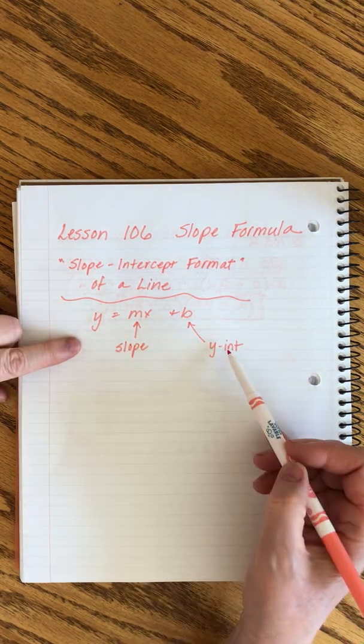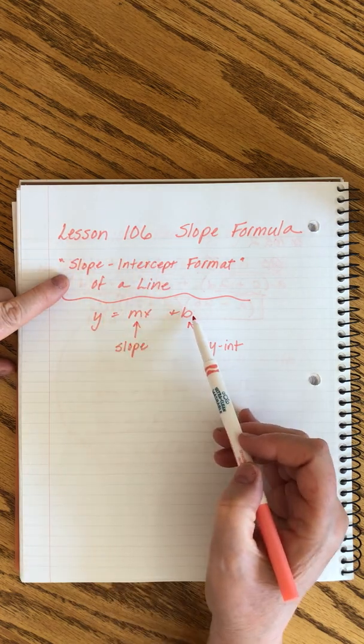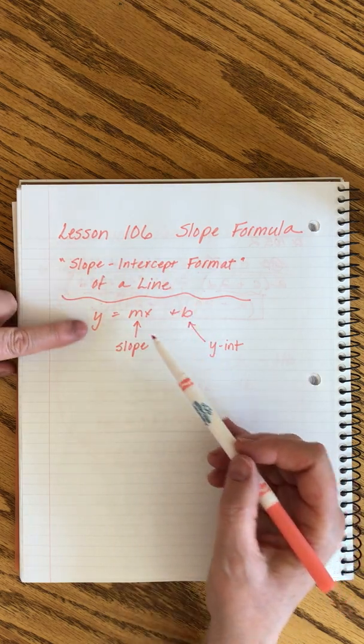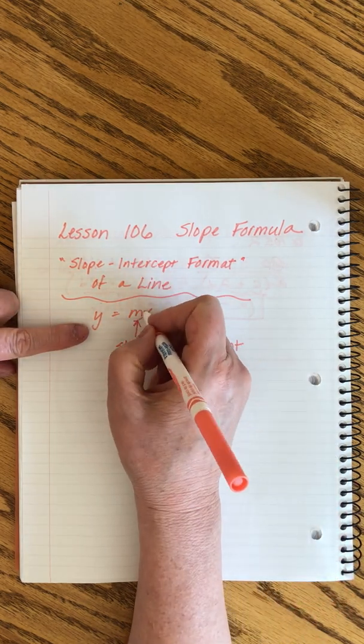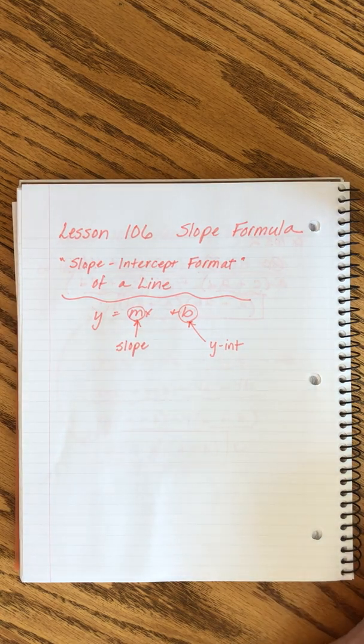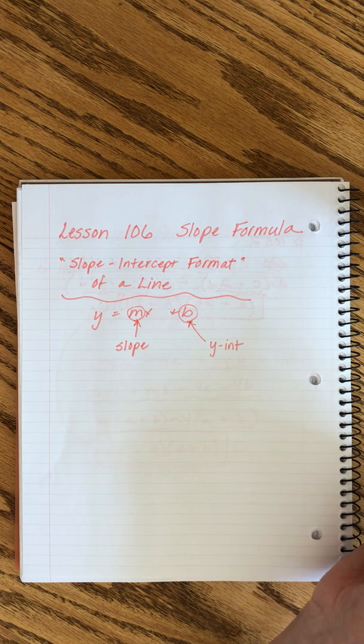These two very important pieces of information are what give this form of the equation its name, slope-intercept, because it's designed to highlight the slope and the intercept of the line. And we have practiced finding those in several different ways.